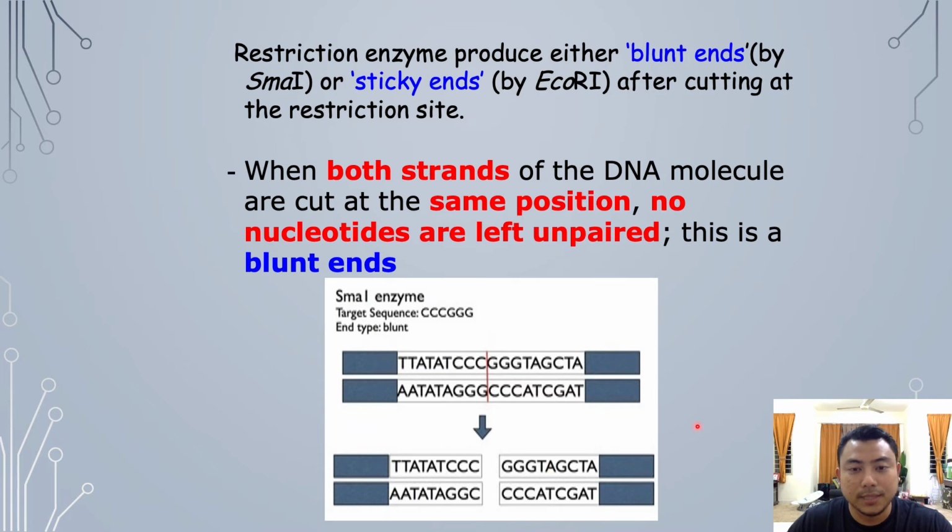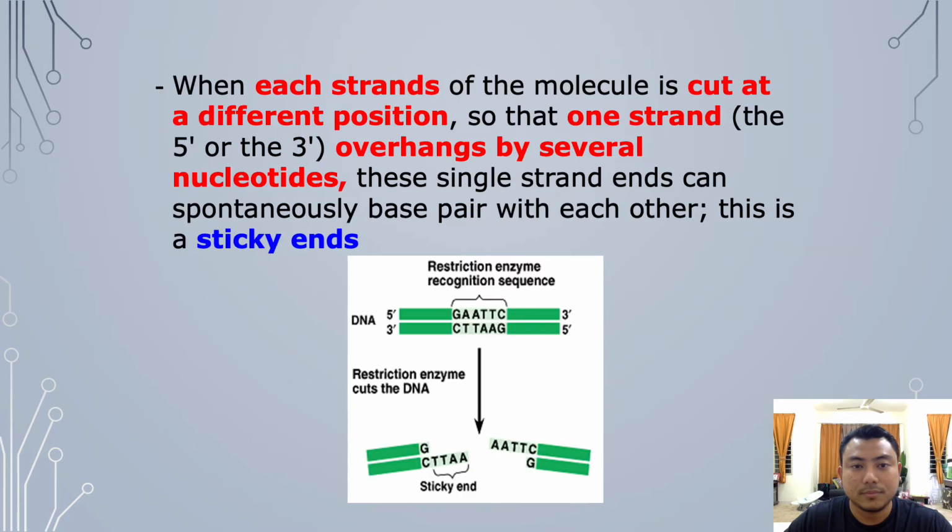By comparison, we will look at the next slide for the comparison with sticky ends by EcoR1. When each strand of the molecule is cut at a different position, one strand, the 5' or the 3', overhangs by several nucleotides.